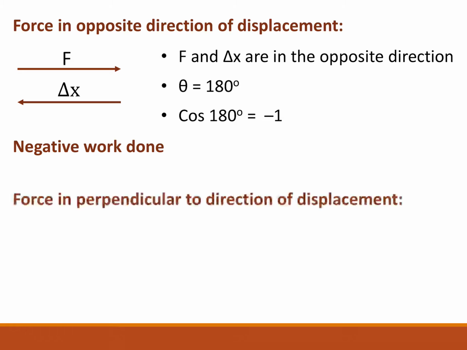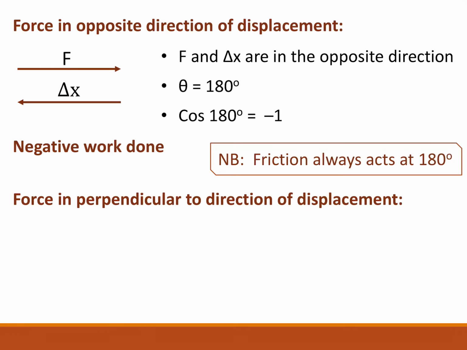Then we get perpendicular displacement and forces. Now here, remember friction is always at 180. The force acts, say, to the right, and the displacement is down. There's lots of ways we can do this. We're not going to worry too much about where this happens.